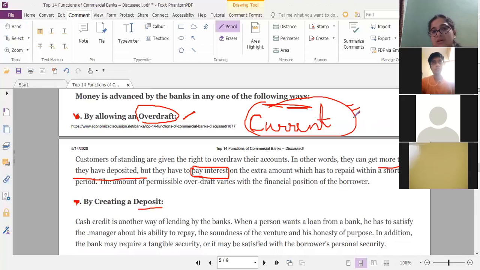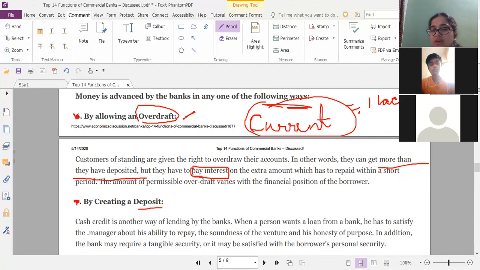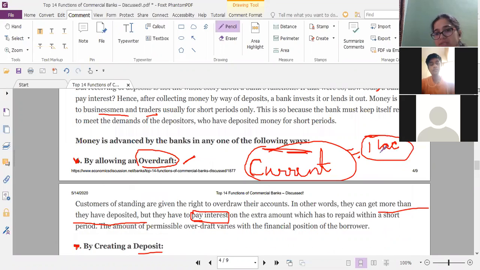Suppose a businessman has a current account with a deposit of 1 lakh, like in our earlier example. What if this businessman needs more money than 1 lakh?